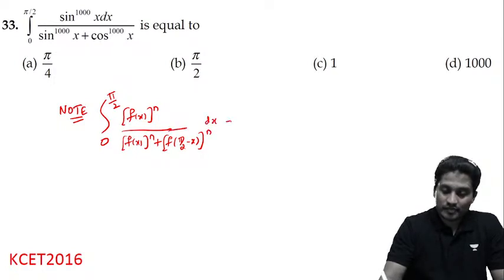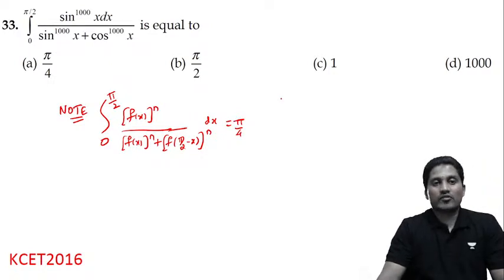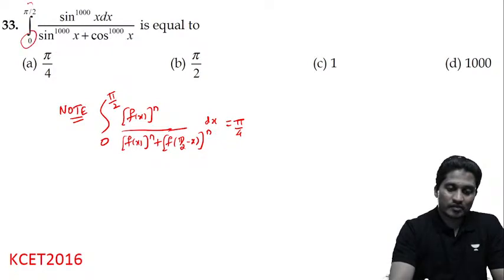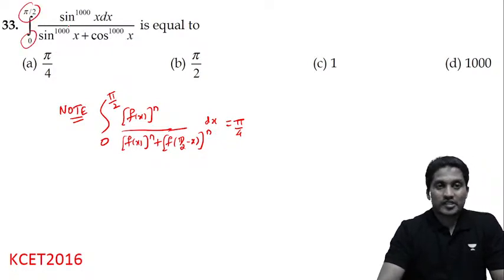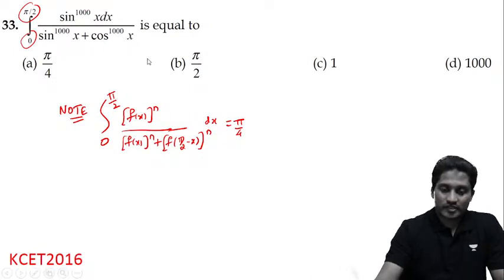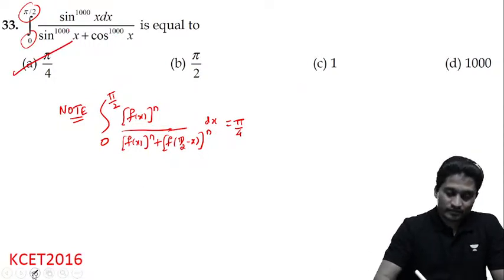Answer is always equal to pi by 4. It can be sine cos, it can be tan cot, it can be cosec sec. Here lower limit is 0, upper limit is pi by 2. Sin x to the power 1000 over sin x power 1000 plus cos x power 1000. Same form. Answer is always equal to pi by 4. You might get questions like this.